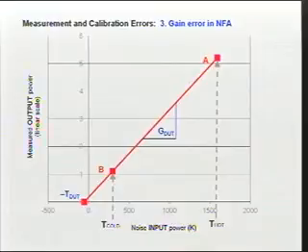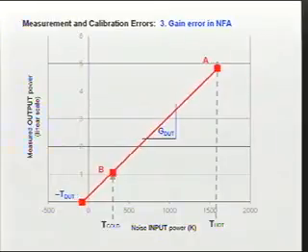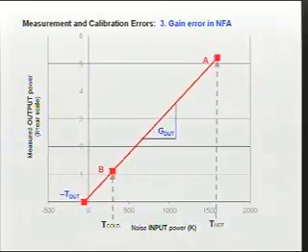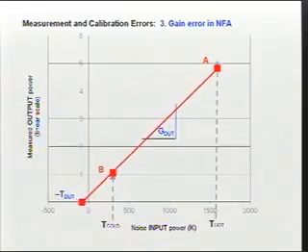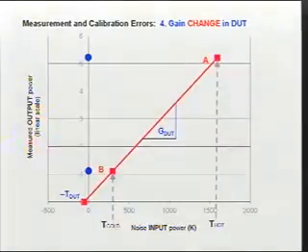there's the possibility of a gain error, nonlinearity in the noise figure analyzer. And I won't dwell on this. This isn't a big one, usually. But that does that. And every time we're doing that, you can see we're simply getting the DUT wrong. So let's move on to the other. The other really big one is the gain change in the DUT between having a cold noise source connected to it and having a hot noise source connected to it.